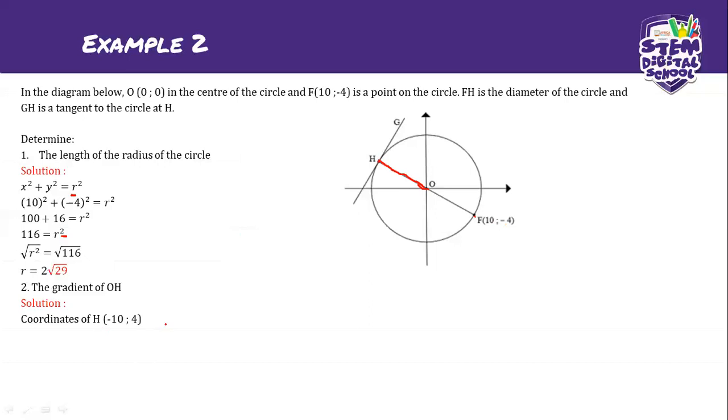So it is going to be easy for us to calculate the gradient now. The gradient of OH equals (YO minus YH) over (XO minus XH). Then you substitute and press your calculator. We have the gradient, which is -2/5.